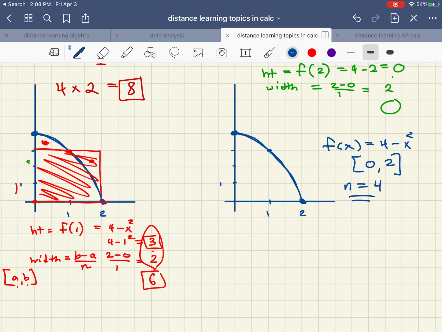Okay, so first of all, let's find the width, because the width is going to be consistent all the way through for this type of problem, right? So again, b minus a over n, 2 minus 0 over n, 2 minus 0 over 4, 2 over 4. The width of each of those rectangles is going to be not 1 over 5, 1 over 2.